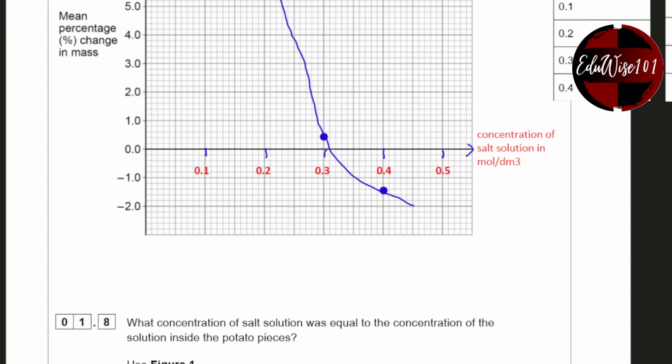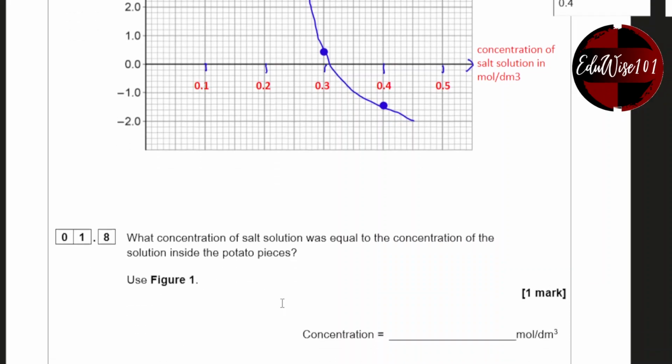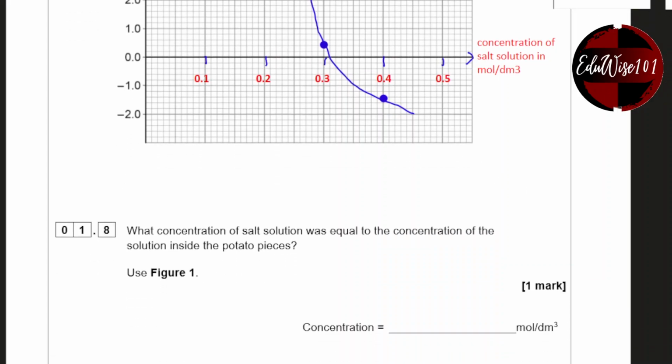So that's 0.31. Usually the marking scheme will give you a range, and the marking scheme gives me a range of 0.31 to 0.33. So our answer should actually be fine.